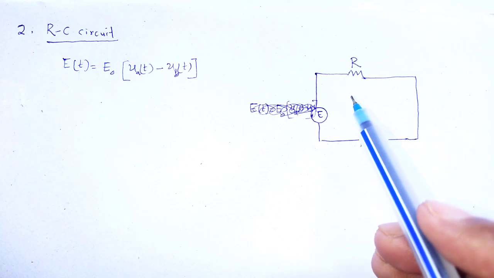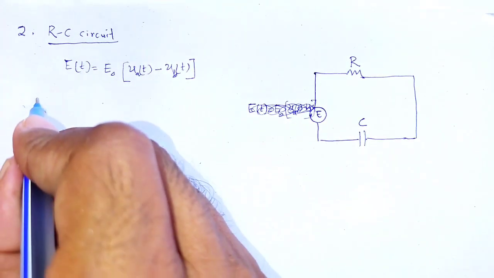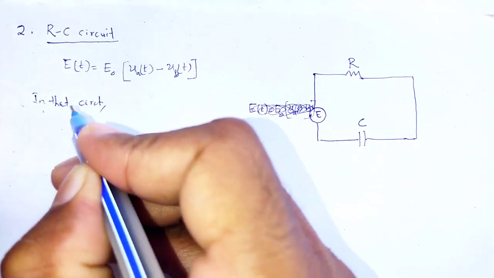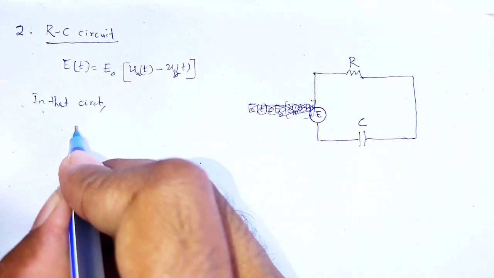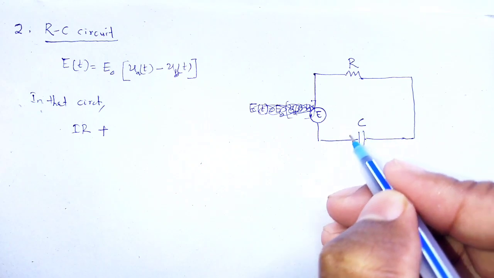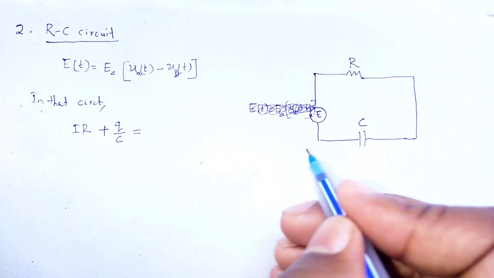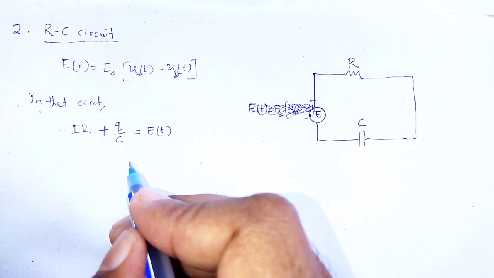So, the equation of the EMF in that circuit: here the potential drop is I into R, at the capacitor the potential drop is Q by C, and the applied EMF is E as a function of t.